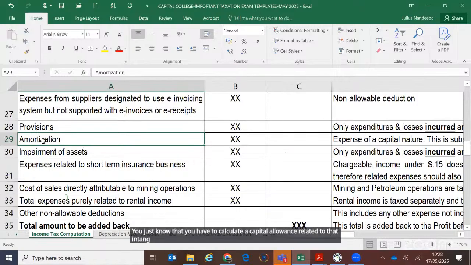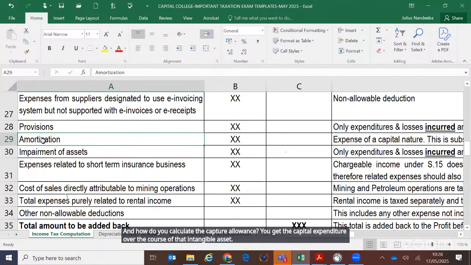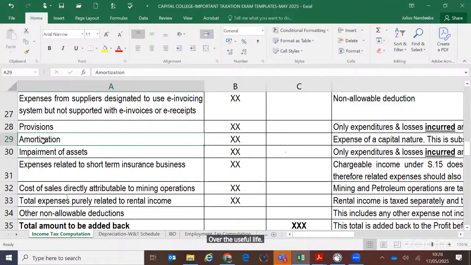And how do you calculate the capital allowance? You get the capital expenditure or the cost of that intangible asset over the useful life. That is what you're going to take as an allowable deduction under less allowables. So what would you do? If I have an amortization, first of all, I'm adding it back. Not so?